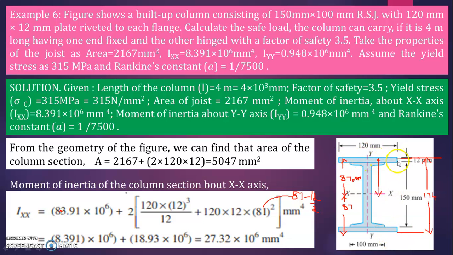So this is like a T section, so you have to consider IXX using the T section formula, that is BD cube divided by 12 plus AY square. Also here one step is reduced. Actually the neutral axis position is given here, it is exactly at the center, so you directly know the position of the neutral axis, so it is easy to calculate what Y is.